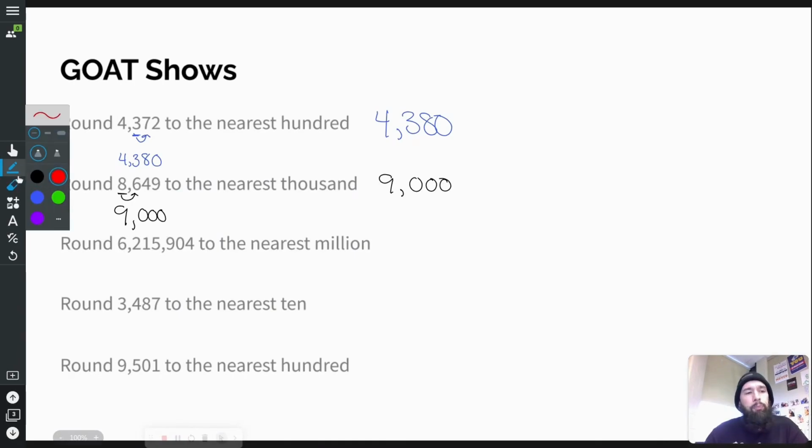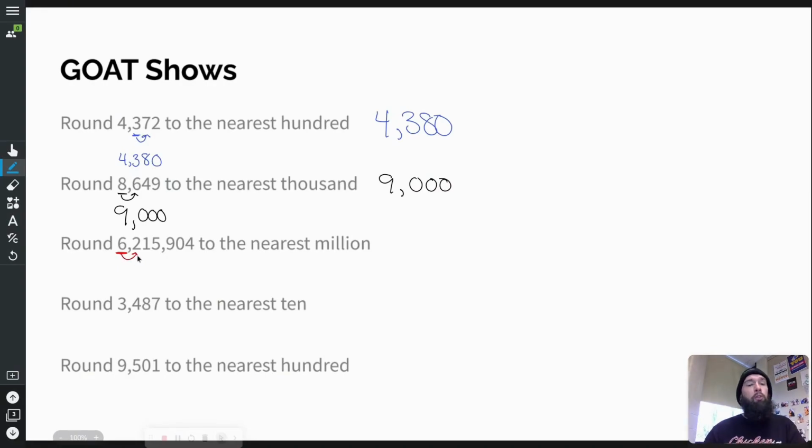Okay? Let's do another. Round 6,215,904 to the nearest million. All right, so we've got ones, tens, hundreds, thousands, 10,000s, 100,000s. There's my million place value right there. Underline that 6. Look to the right of it. 5 or above?